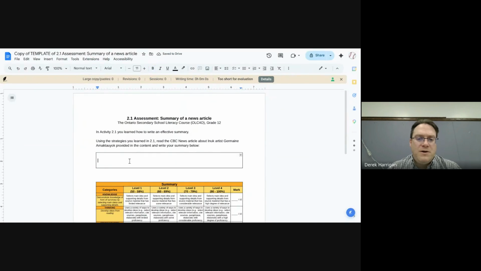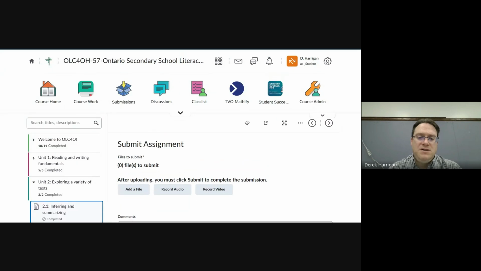You can write your article summary right in this box, and then you can share it with me, and you can submit it to the Unit 2 Activity 1 Dropbox. Okay, and that's it. That's your Unit 2 Activity 1 assignment, a summary of a news article.